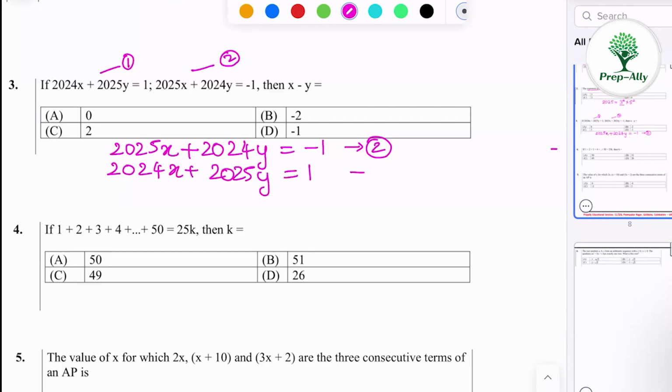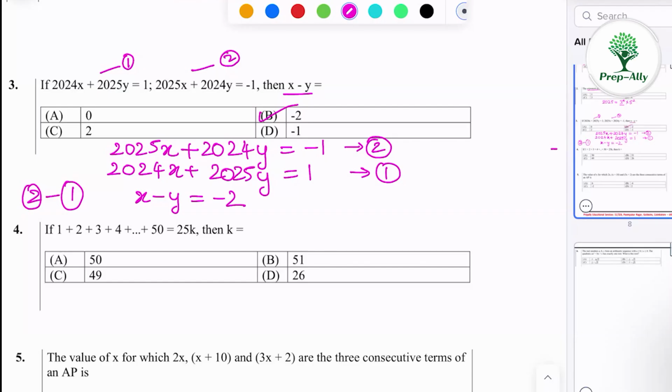If we subtract equation 1 from 2, that is 2 minus 1, we get x minus y equals -2. We're asked the value of x minus y, and that is option B, -2.